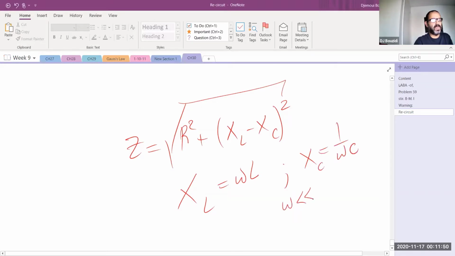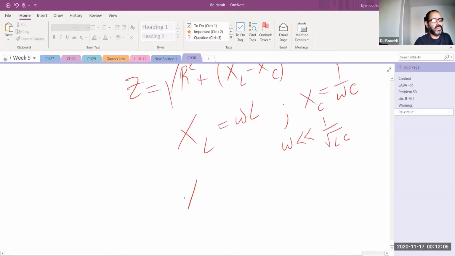When omega is very, very small compared to 1 over square root of LC, this value in here will be much bigger than this value, because here you're multiplying by a small number and here you're dividing by a small number. So XC will be much, much bigger than XL. All you have to do is square this expression.